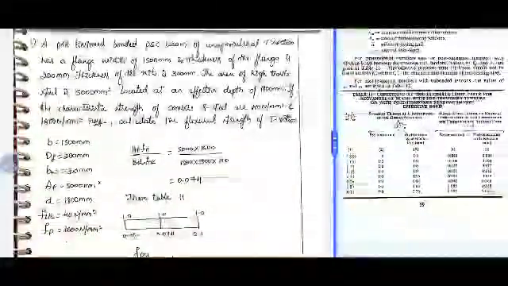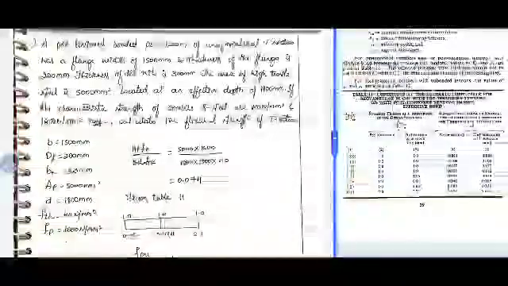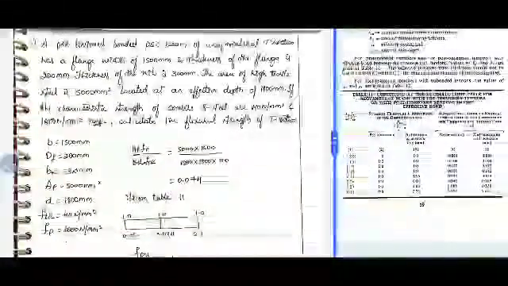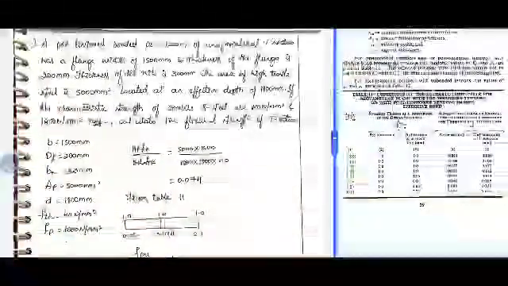So first we need to find out effective reinforcement ratio, that is APFP by BD FCK. On substituting values we will get 0.074. So by using that value we need to find out FPU and XU by D value.